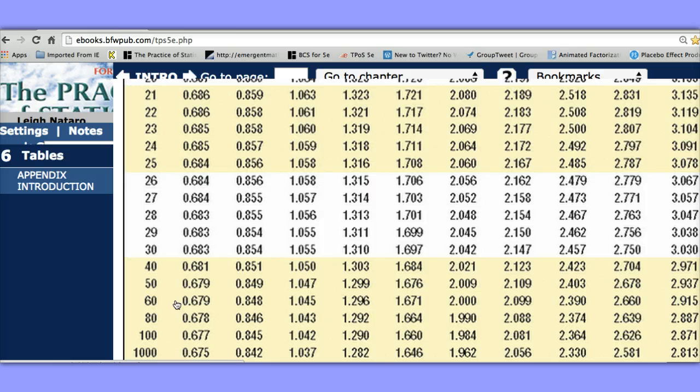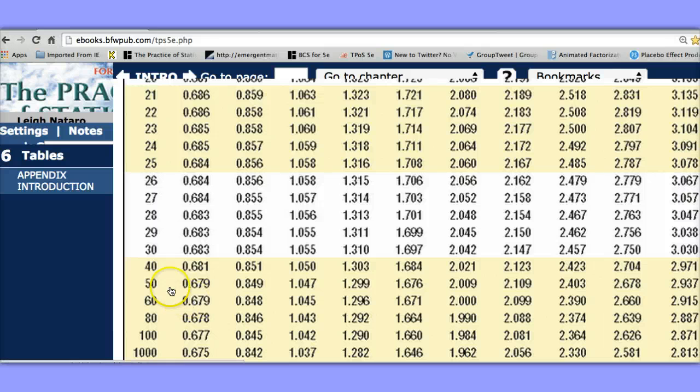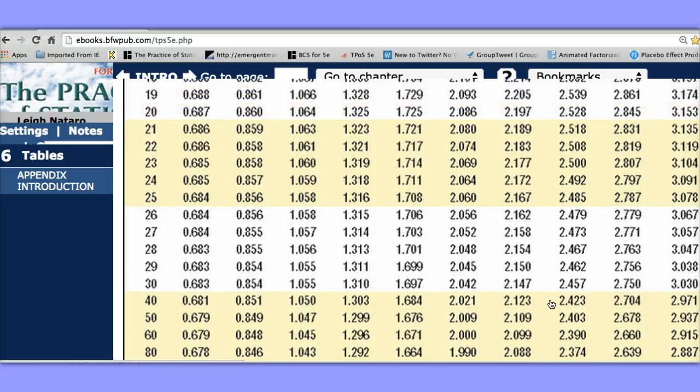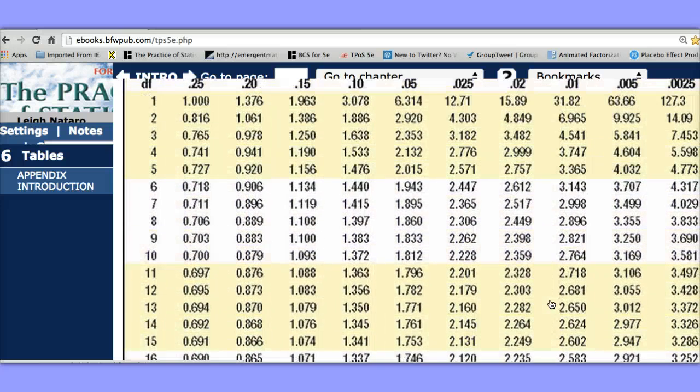So we're going to take a look at 60 degrees of freedom, and our test statistic value was 2.33. So I'm going to go along the row of 60 degrees of freedom looking for a test statistic value of 2.33. And I don't see 2.33 here, but 2.33 would be between 2.099 and 2.390. So I'm going to scroll up and look at what column headings we have at the top.